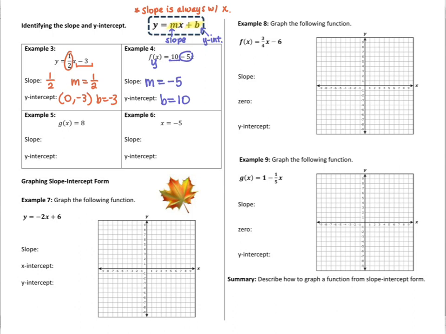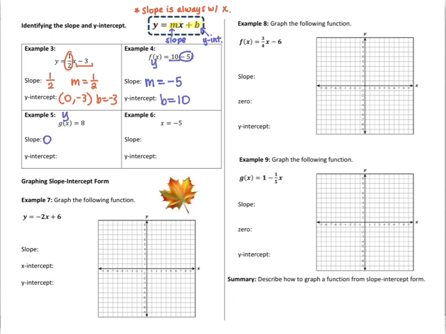Now, number 5 and 6 are a little bit different. If I look at 5, it says g of x, remember that's just another way to say y, equals 8. Well, there's no x here. If there's no x, then what's my slope? 0 times x. My slope is 0.